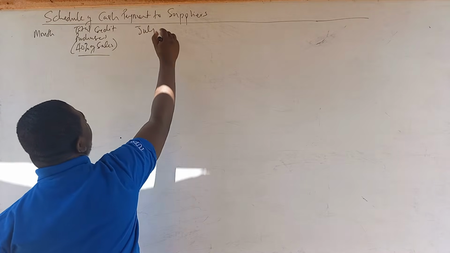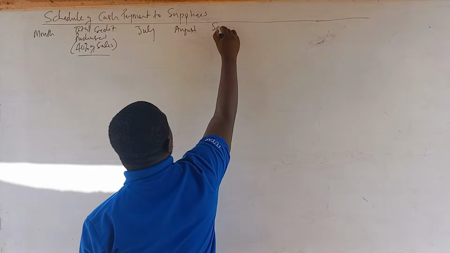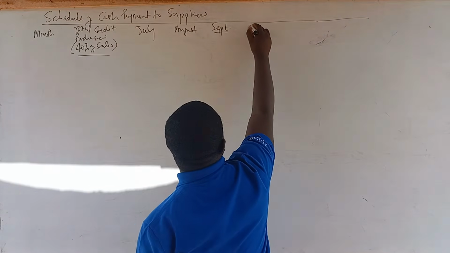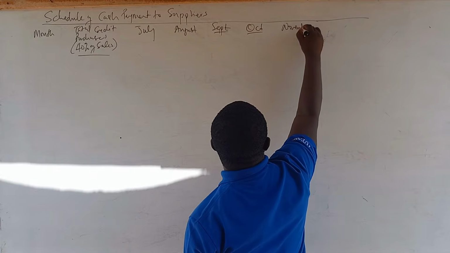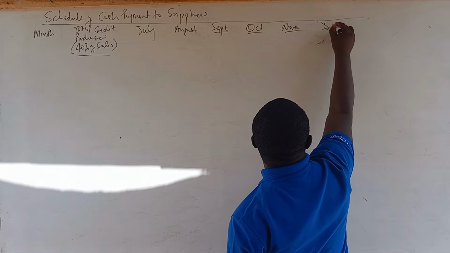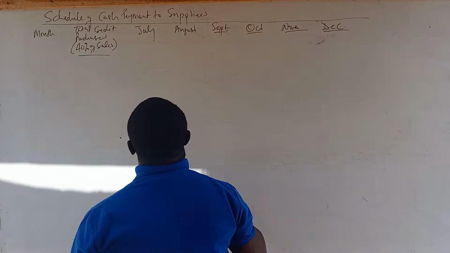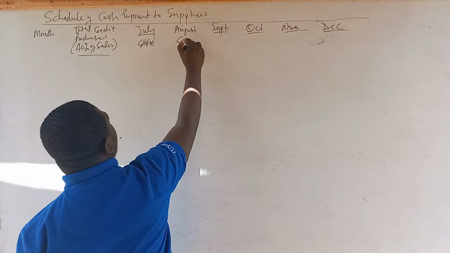So July, August, September, October, November, and then December. So let me show my currency sign in millions.